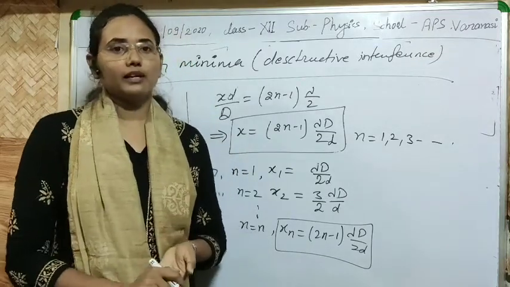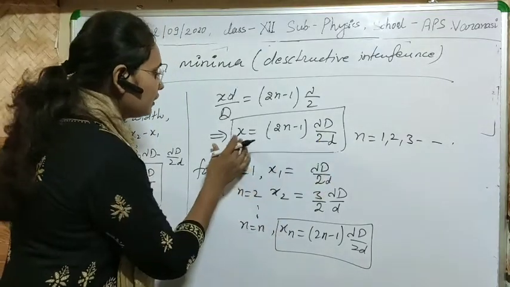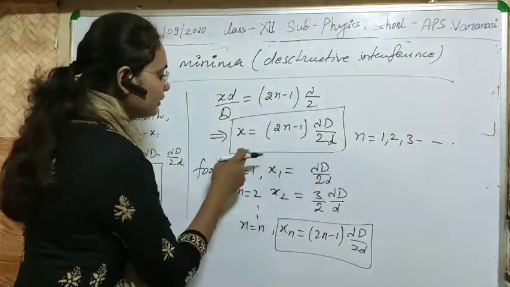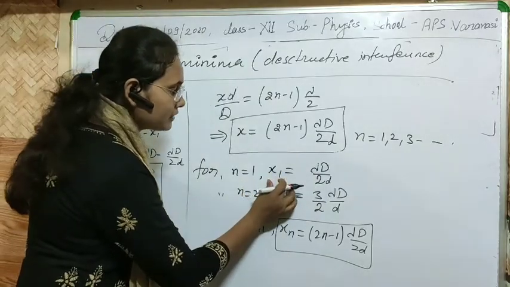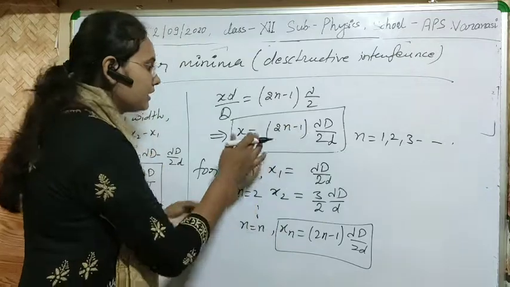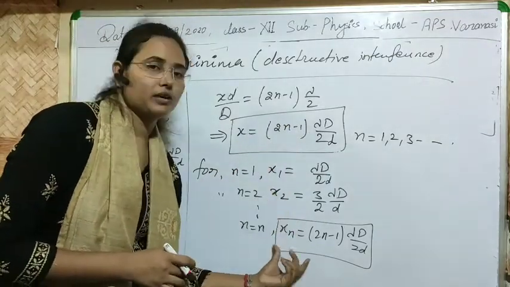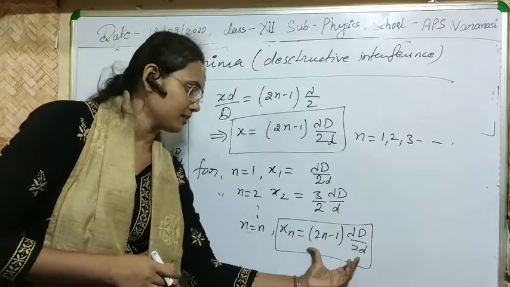So that's why we will not get any dark fringe here. I think it's clear to you. Now for n equal to 1, the width of the first dark fringe will be this. Similarly, we can calculate x2, x3, x4, x5, xn like this.